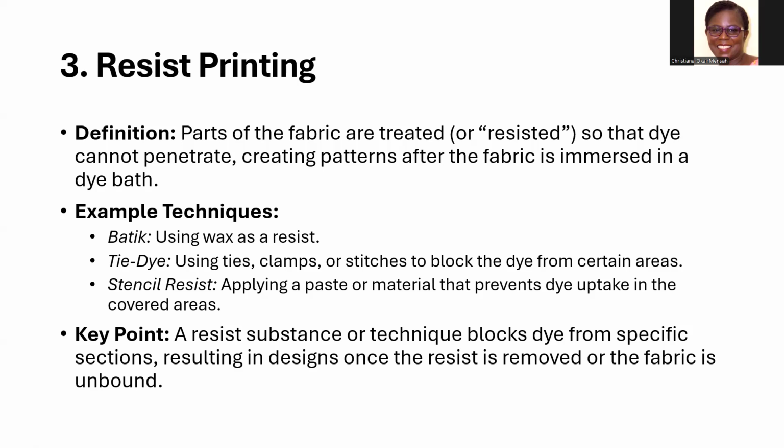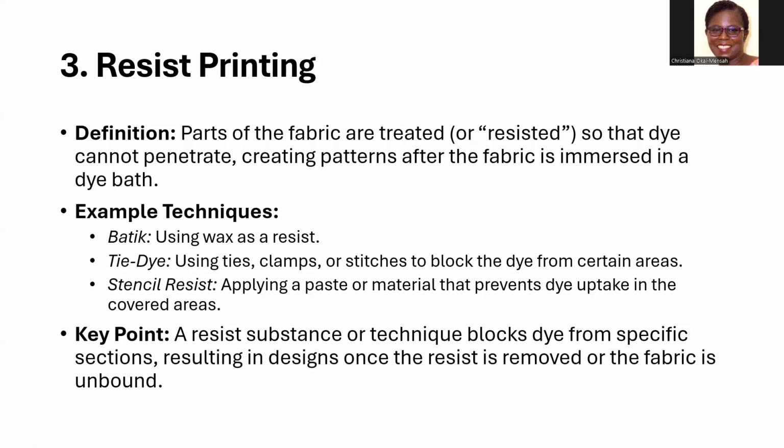Then you have tie and dye, using ties, clamps or stitches to block the dye from certain areas. So you can stitch so that dye cannot go there when you use nylon, threads, and others.